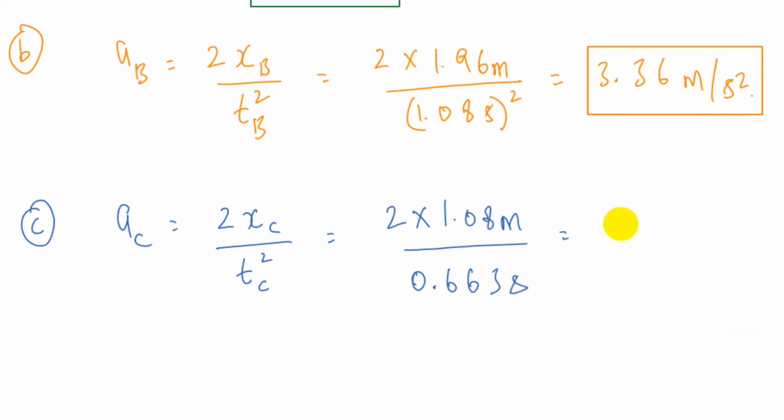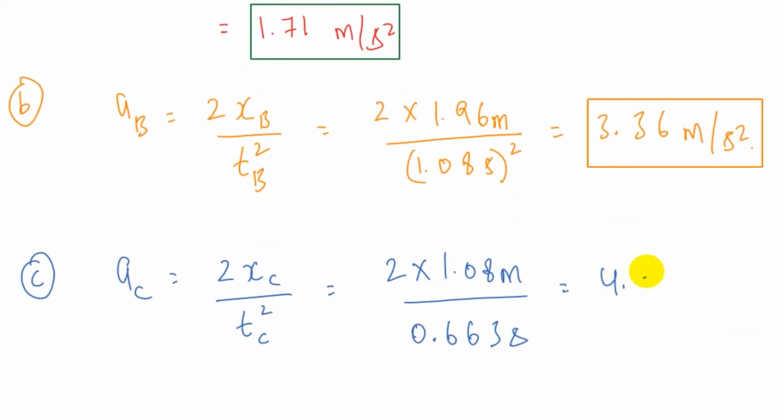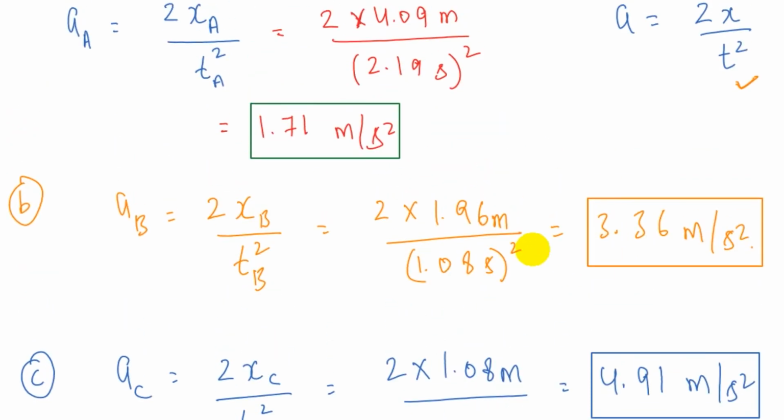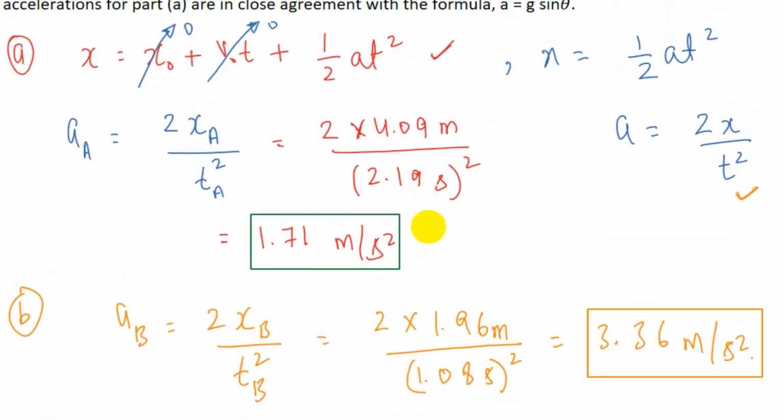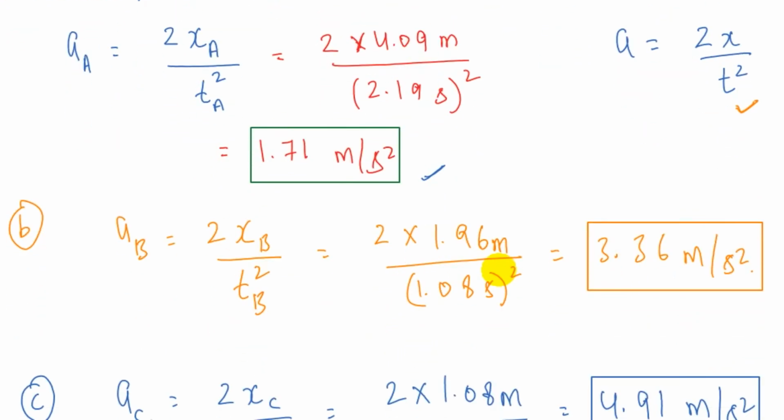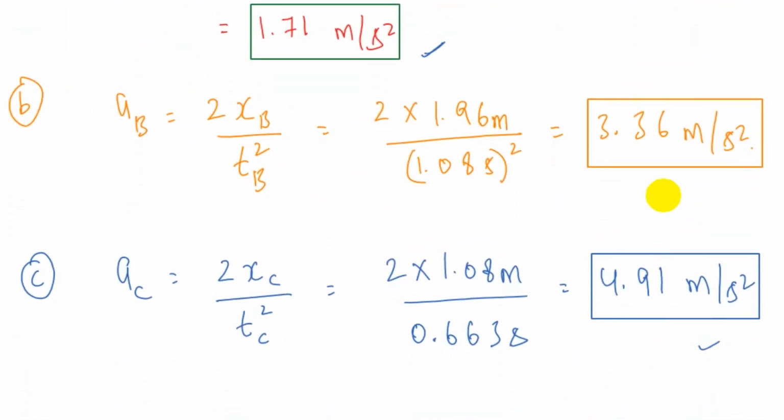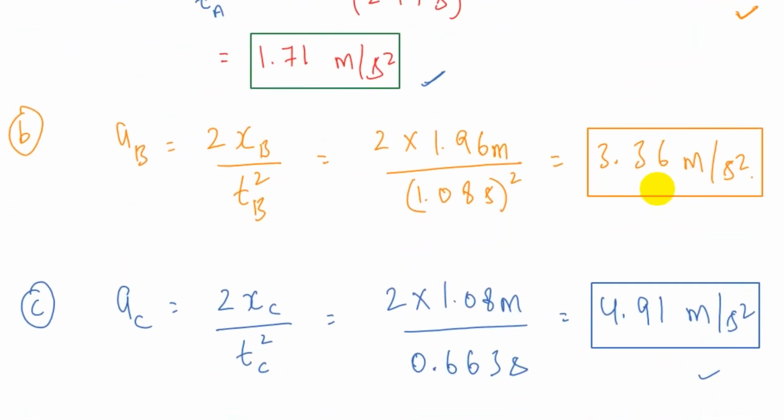So this would be equal to 4.91 meters per second squared. So this would be the answer for the C case. Here we can observe that for ramp A, the acceleration is minimum. For ramp C, the acceleration is maximum.